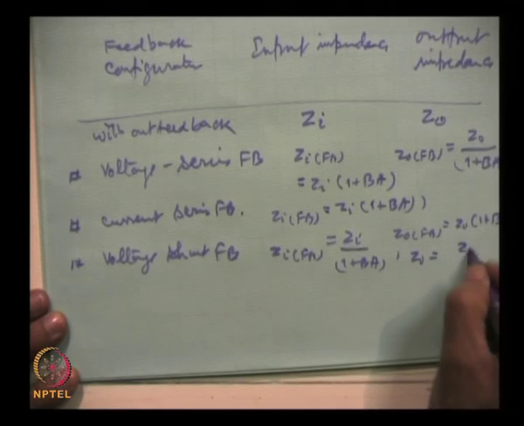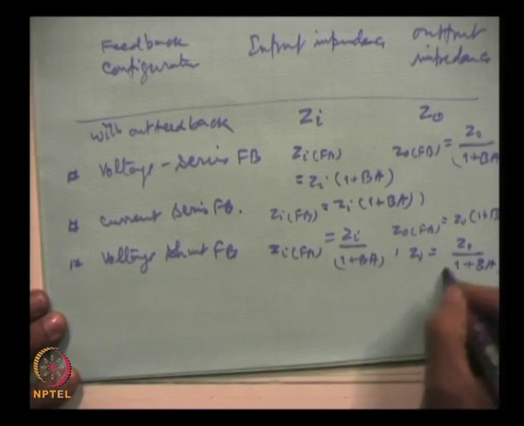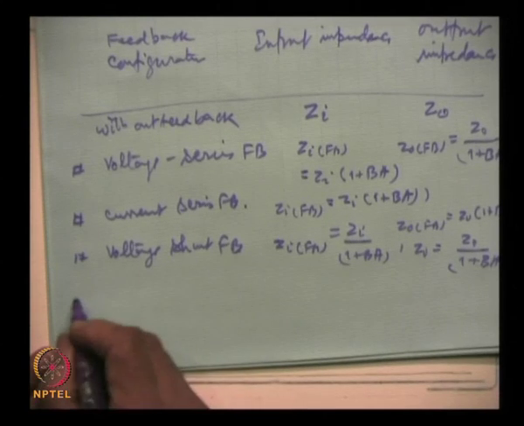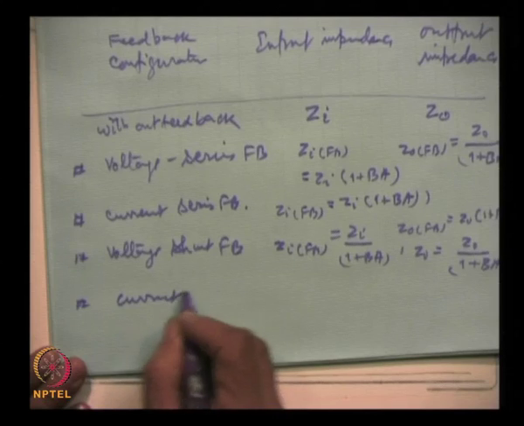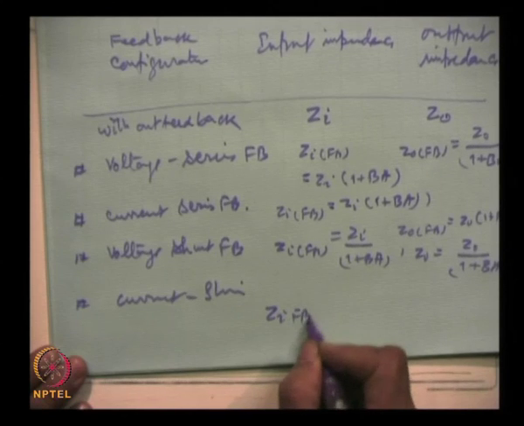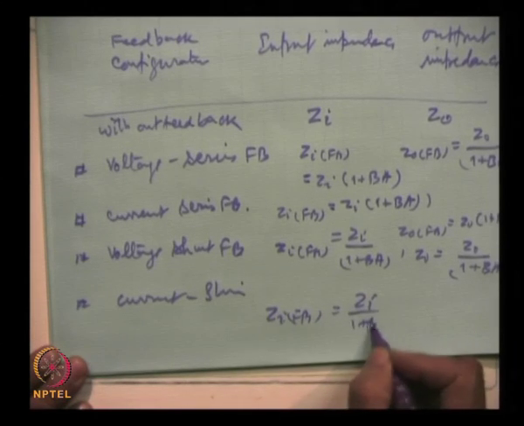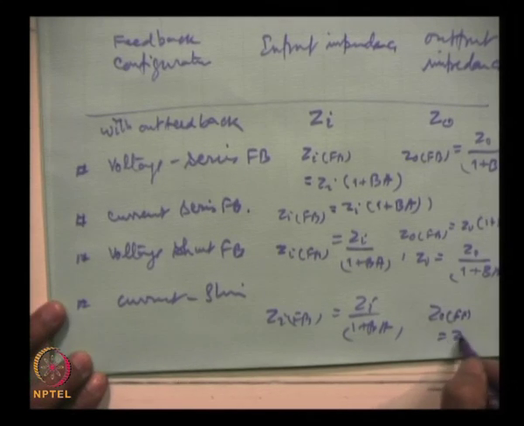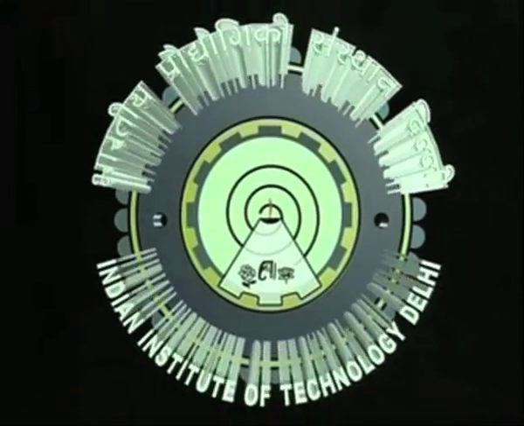So, all kinds of combinations are there, and lastly, this is current shunt: the input is reduced, Z I F B is Z I by 1 plus B A, and the output is increased, Z 0 F B is Z 0 into 1 plus B A. This is how the impedance levels are modified by the incorporation of negative feedback.